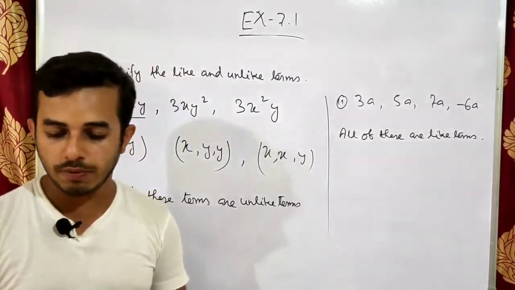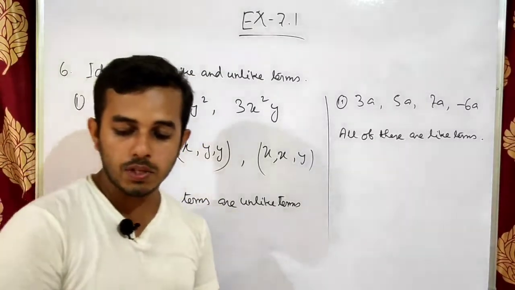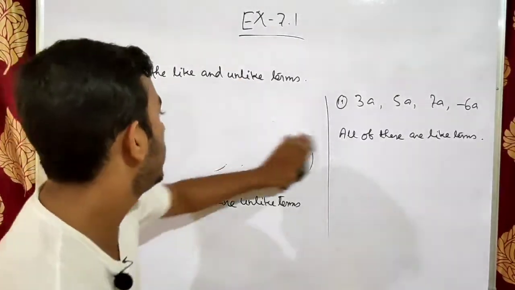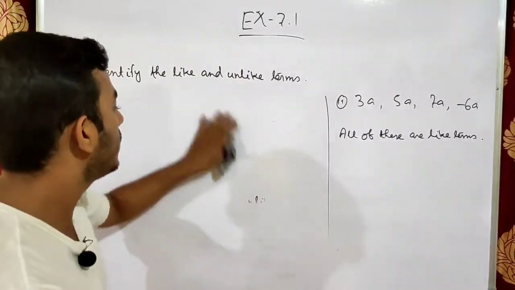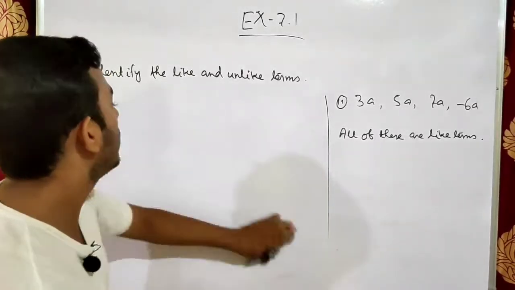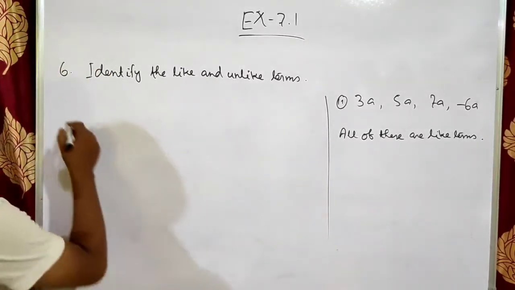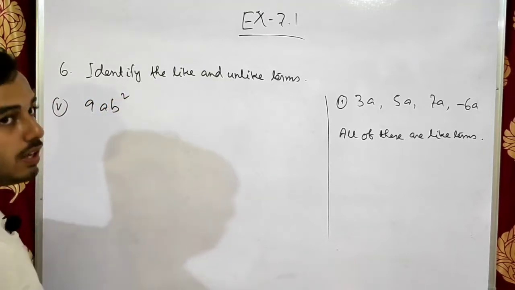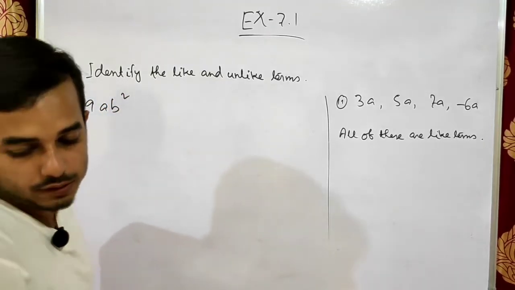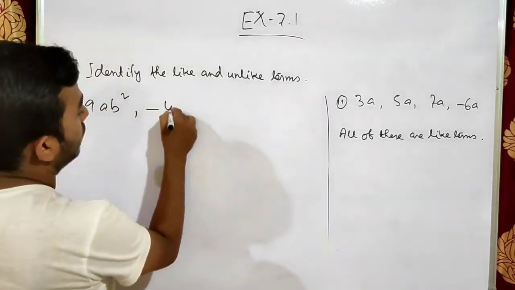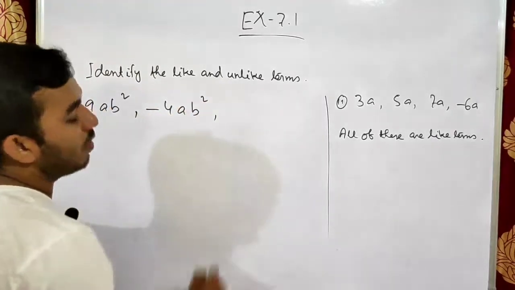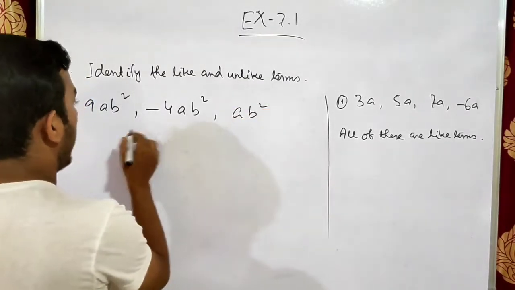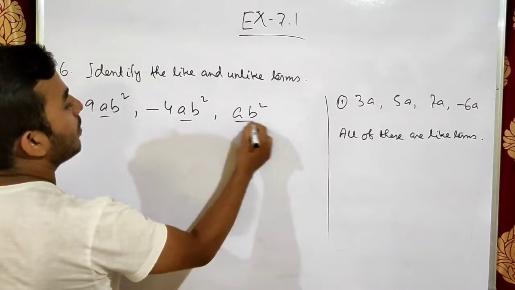Next one, question number 5: 9ab square, minus 4ab square, ab square. Look, all the terms have ab square.